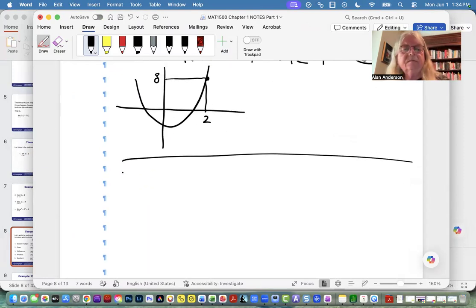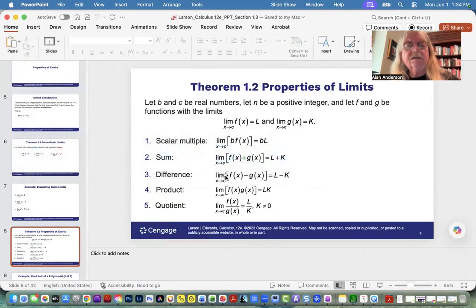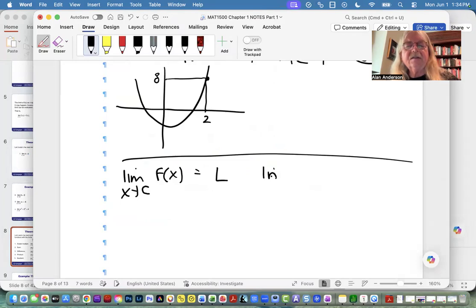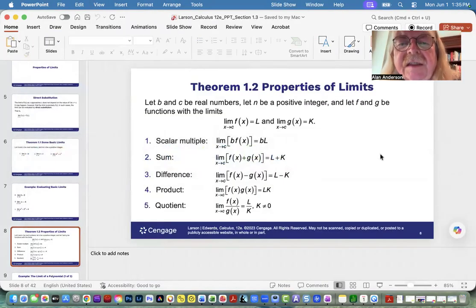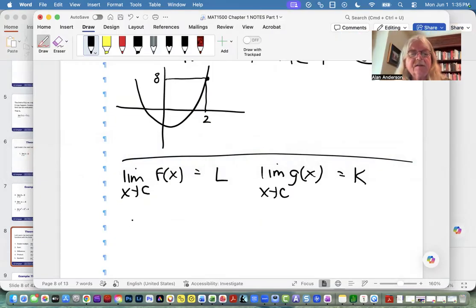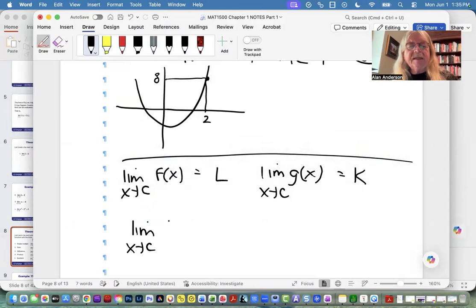So if the limit as x goes to c of f of x is L, and for g of x it's k, so we're assuming that in both cases we're approaching c, then the limit of, they're going to call it b, is some constant.